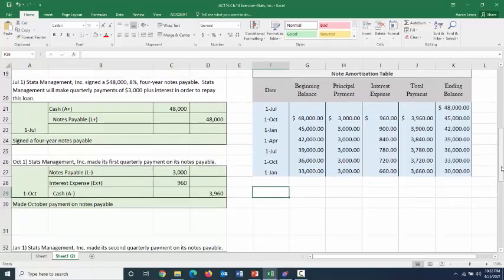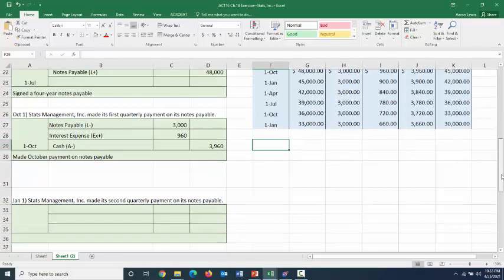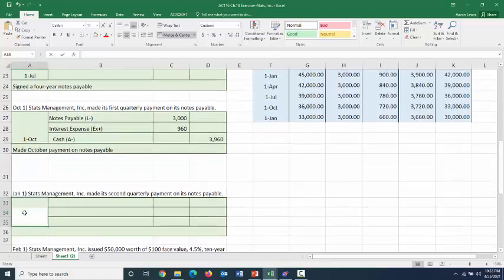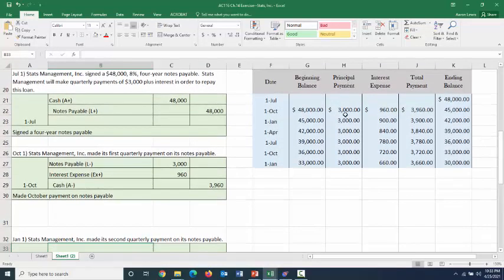Moving on down to our next journal entry, we see that Stats Management Incorporated is going to make its second quarterly payment on this note. So on January 1st, when we make our second payment, we still have a portion of our payment that is going towards principal. It's going to lower notes payable. We still have a portion of our payment that's going towards interest. We're going to have to record an interest expense.